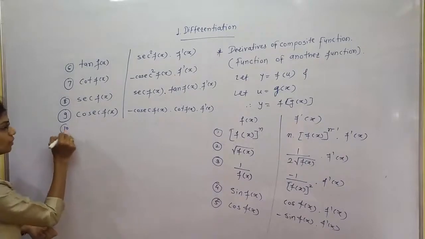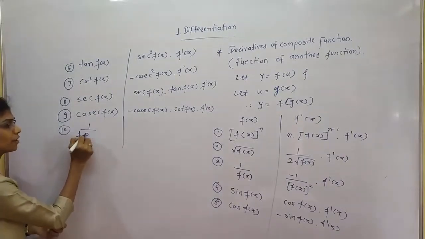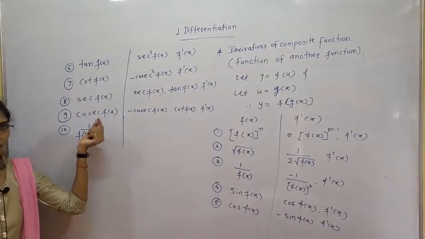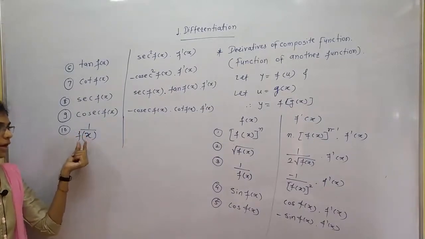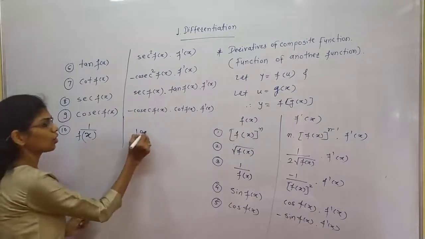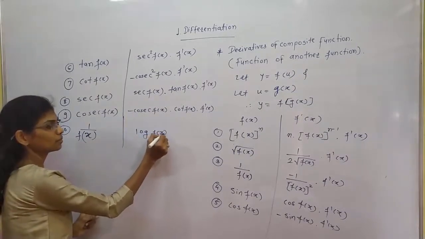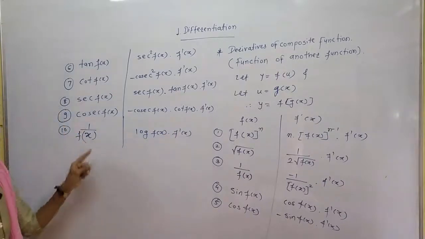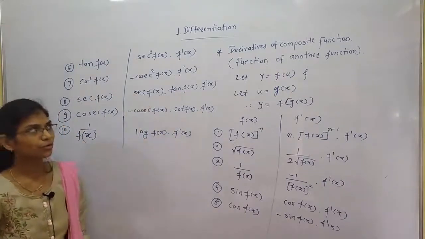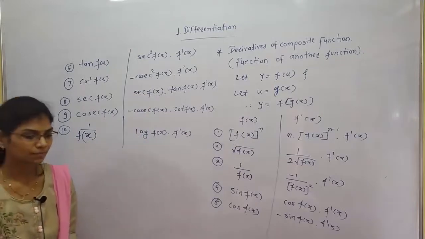Next formula is for a to the power f of x. The derivative of a to the power f of x has the formula a to the power f of x, log a, multiplied by f dash of x. These are the formulas for derivatives of composite functions.